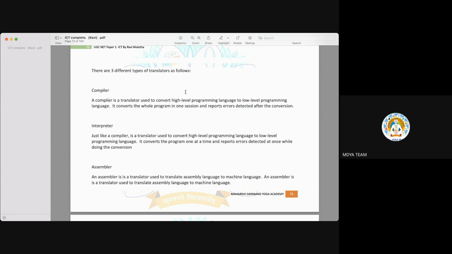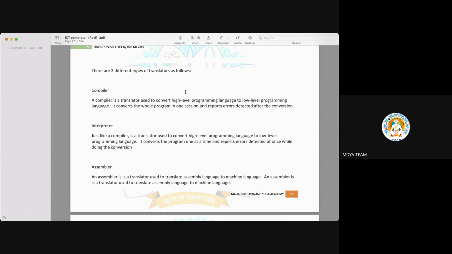Whatever instructions you give using a particular language, it first understands what is there, and if there is an error because of which the program is not running or the particular output is not produced, it detects that error and shows it to you, saying amend or change this line, or there is an error in a particular instruction. So you have to remove that error by reprogramming those instructions.